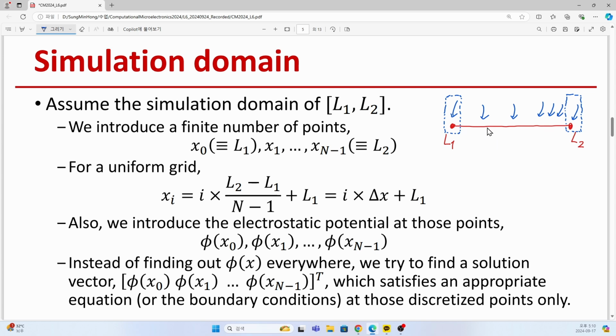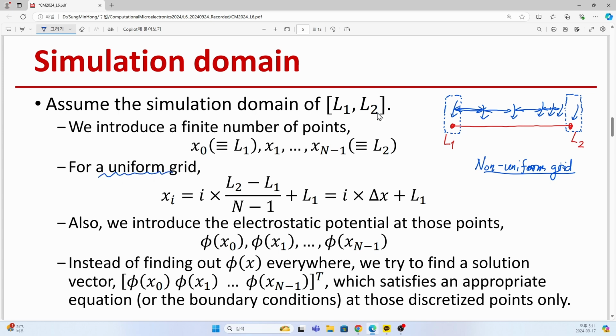And if we arrange our points in that way, then this is generally non-uniform. The distance between two neighboring points is not the same. So, for example, here we have a short distance, and here we have a relatively long distance. In this case, we call it a non-uniform grid. However, for our simple notation, we will just consider a uniform grid.